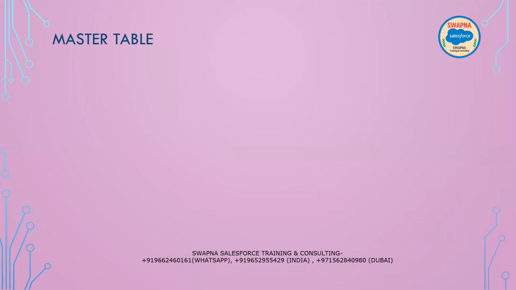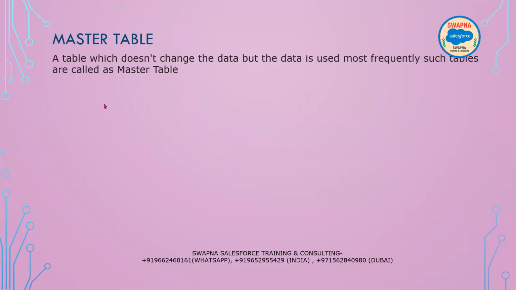So master table is nothing but a table. First of all, it is a table. Everybody knows how to use an Excel sheet, right? Whatever the columns and rows are, we call it a table. So a master table is basically a table where the data does not change frequently.